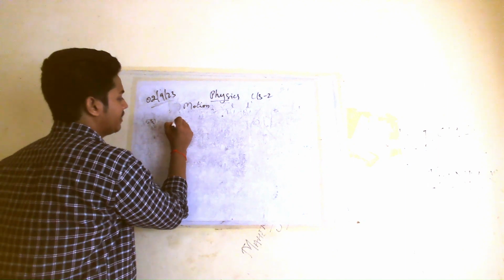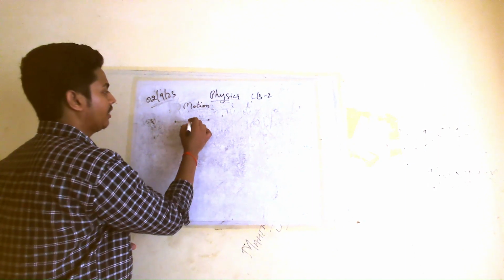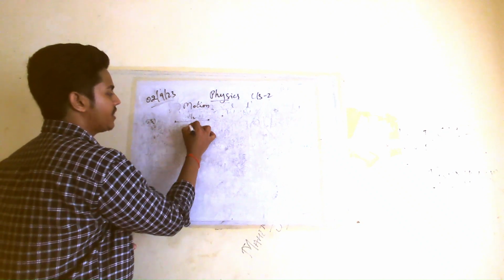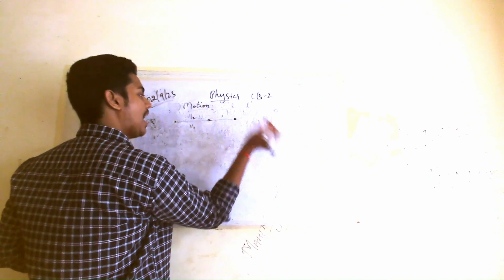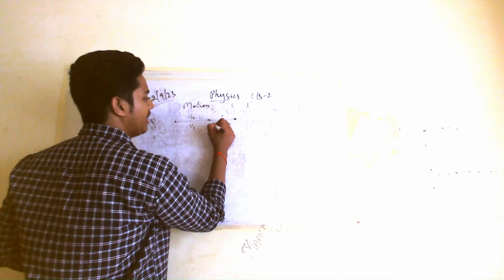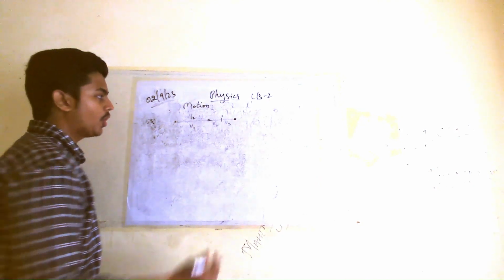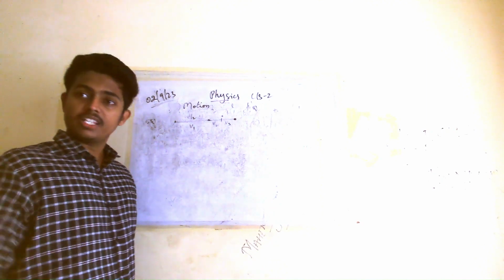That means a person is traveling half of the distance with speed v1, and in the remaining half distance, half time is traveling with the speed v2, half time is traveling with the speed v3. In the very first question, if we travel in half of the time, what is the average speed there?